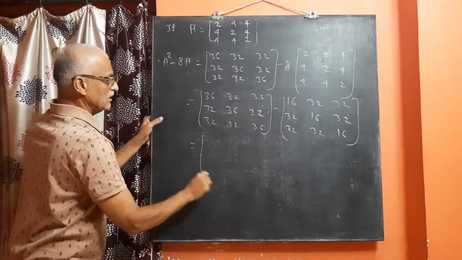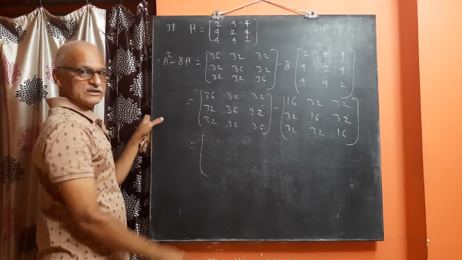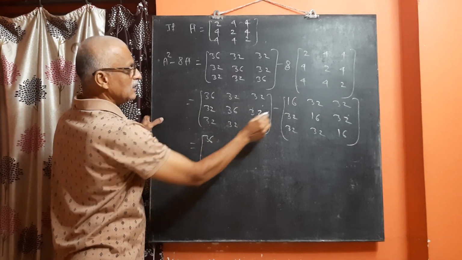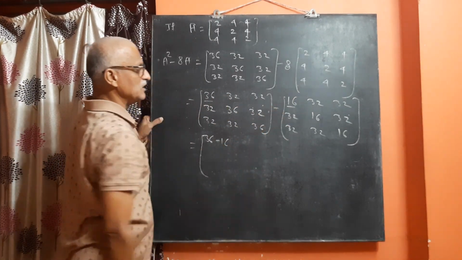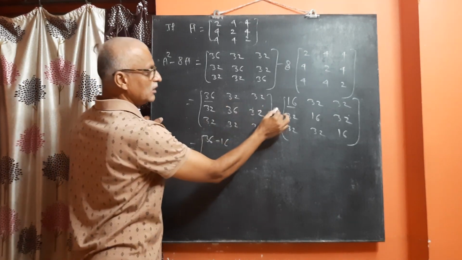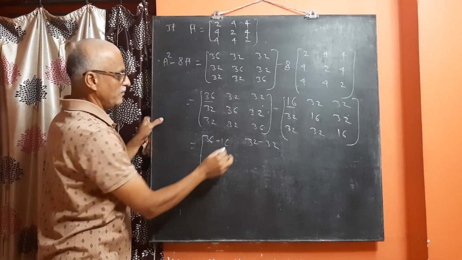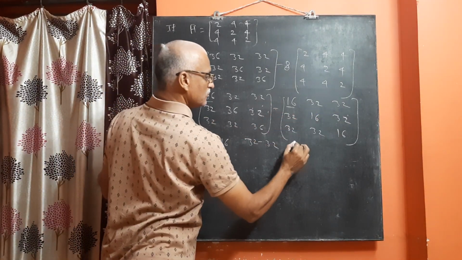Now, subtraction of two matrices, so subtract the corresponding elements. We get 36 minus 16, 32 minus 32, 32 minus 32.